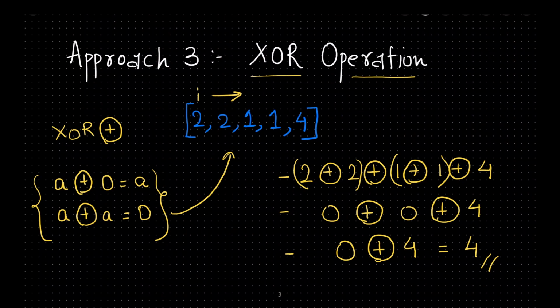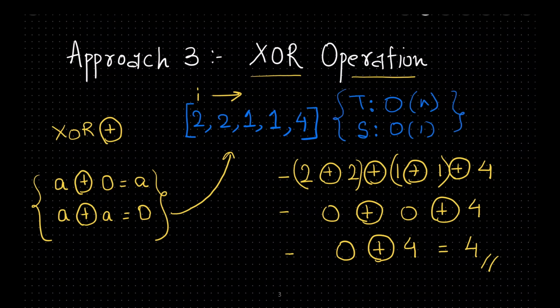Since this solution requires a single traversal of the input array, the time complexity is linear, that is of the order n, and since we are not using any extra space, the space complexity comes down to order 1, that is a constant space complexity, which is our optimum solution.